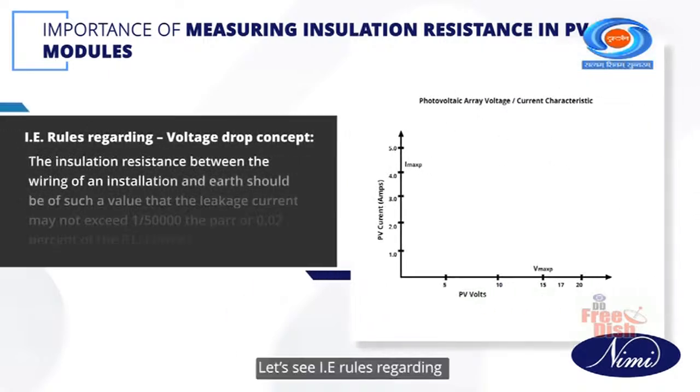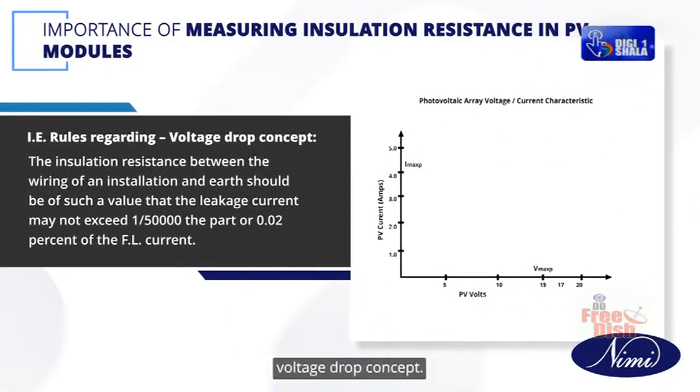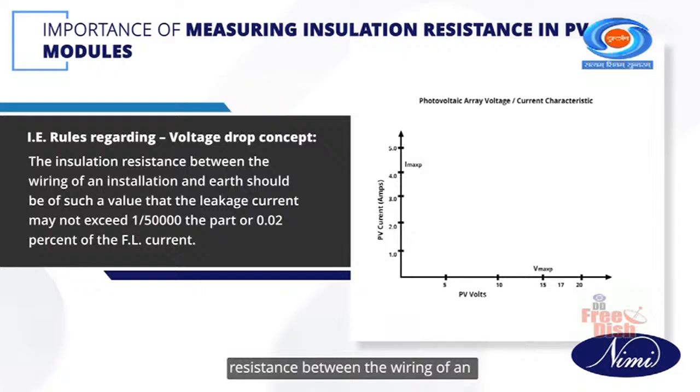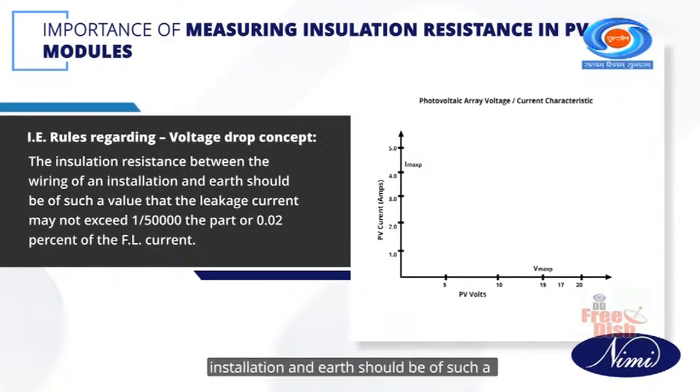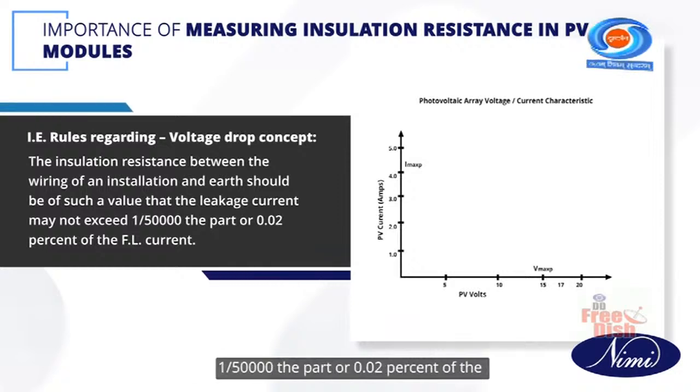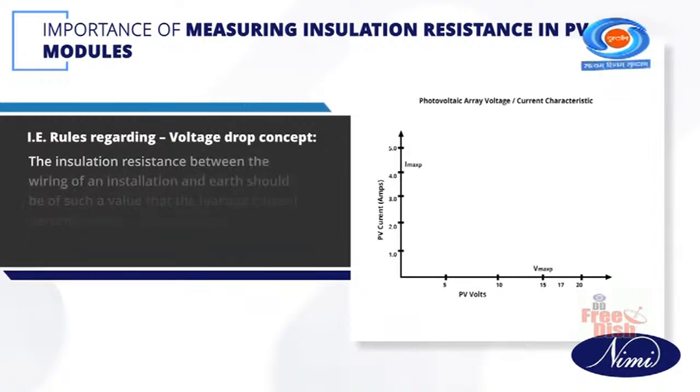Let's see IE rules regarding the voltage drop concept. As per IE Rule 48, the insulation resistance between the wiring of an installation and earth should be of such a value that the leakage current may not exceed 1/50,000 part or 0.02% of the full load current.